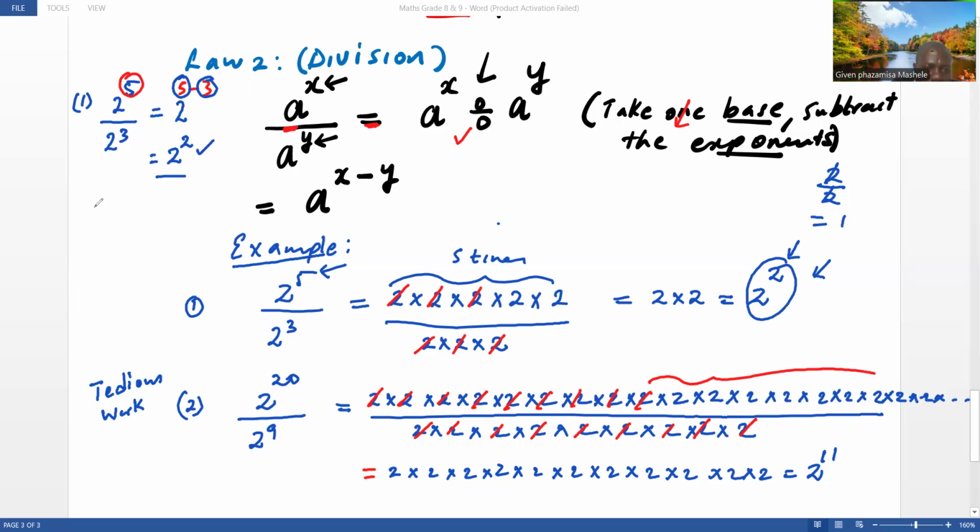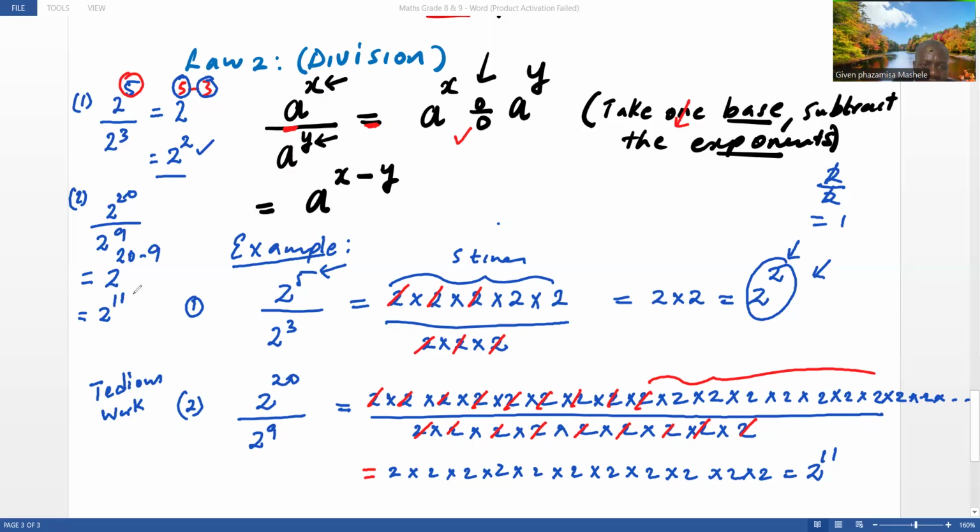The second one, imagine when we have 2 to the exponent of 20, dividing it by 2 to the exponent of 9. How do you deal with this? The bases are the same. We just take one base and we subtract the exponents, 20 minus 9. Obviously 20 minus 9 will give us 11.